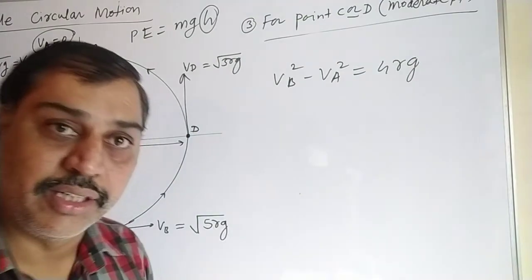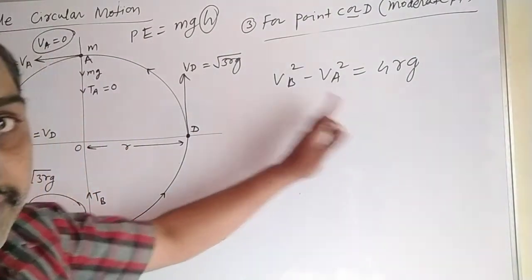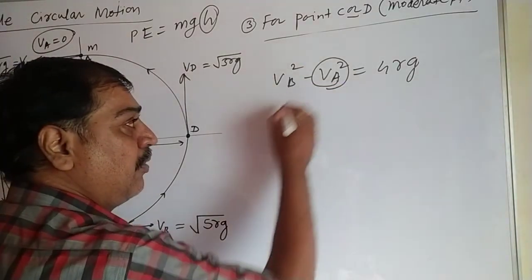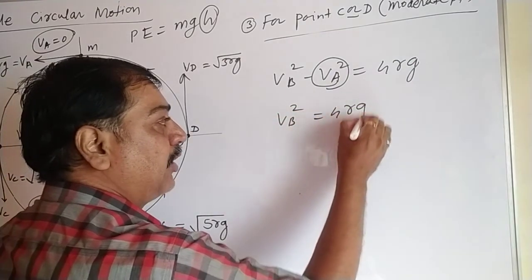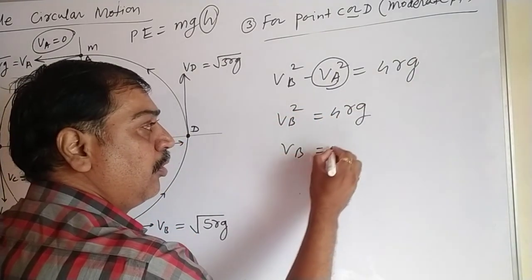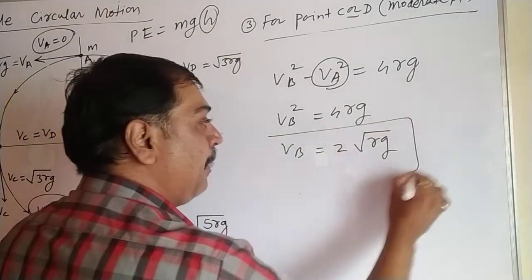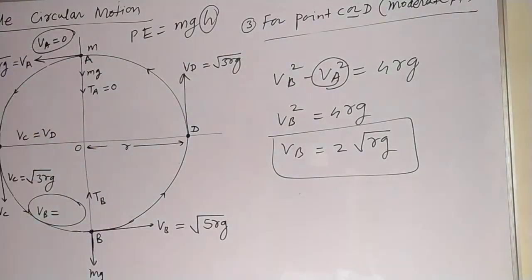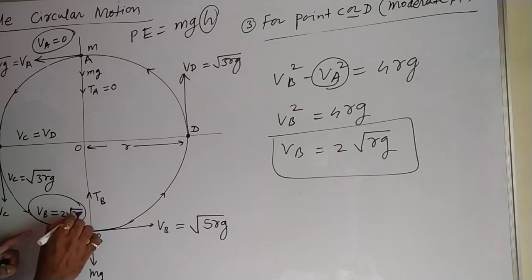We get this equation. As this is for string, but in case of rod, VA is already 0, as we have mentioned here. So if this is 0, we can write VB square equals 4RG, VB equals 2 root of RG. And this is the velocity at the lowest point VB with a rod.